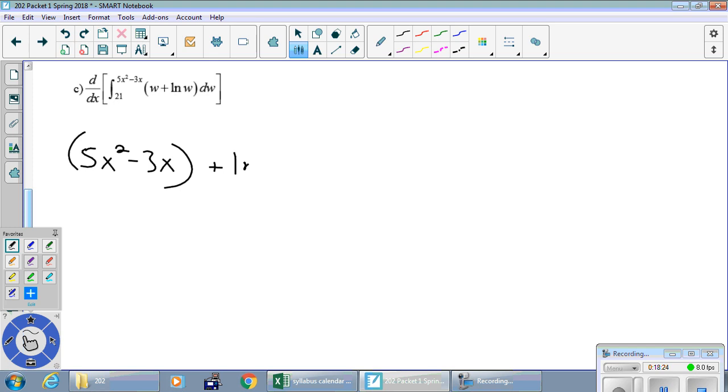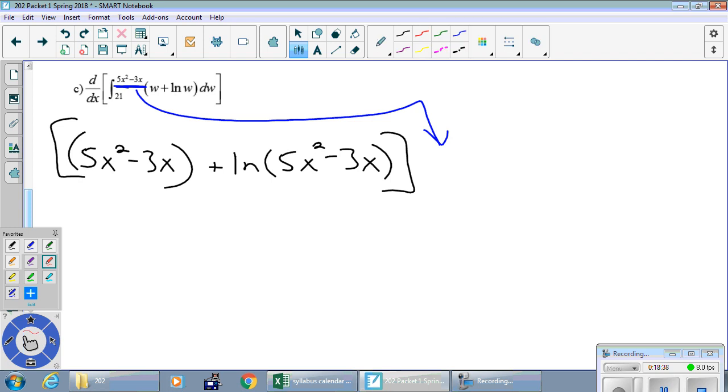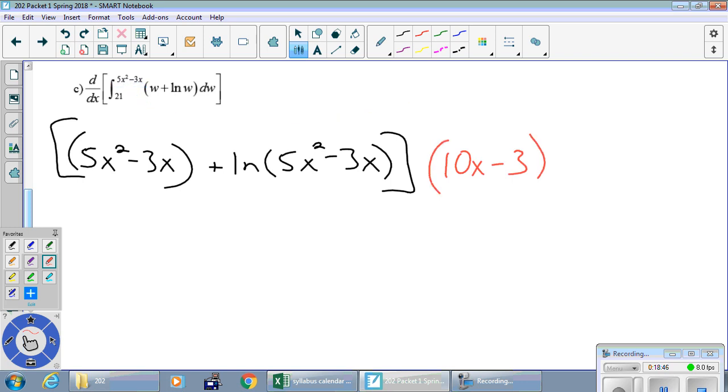So that's the w plus ln of the same stuff, 5x squared minus 3x. But then the chain rule says if you're doing anything other than just plain x up here, you have to multiply by its derivative. And so in this case, the derivative of that stuff is 10x minus 3. But that derivative is really one thing, so it needs parentheses. So that's our final answer right there.